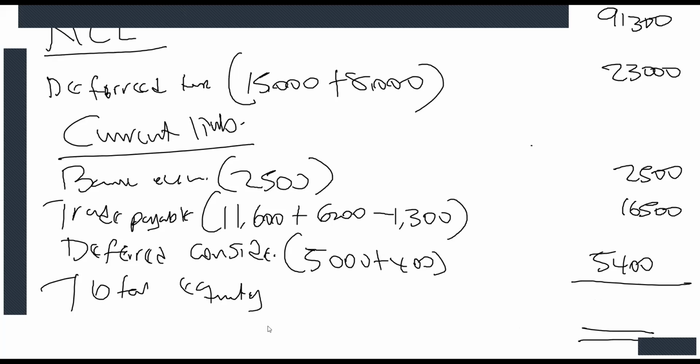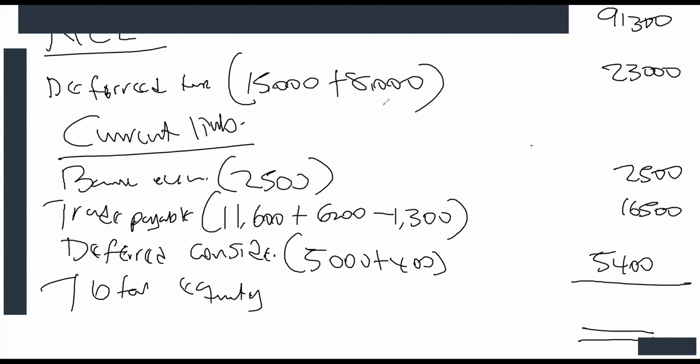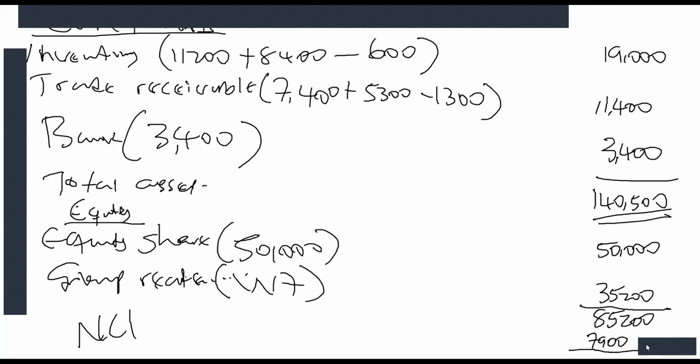We are adding. Let me go back here. There is something I don't understand. 85,200 plus 7,900. What do you get? Let me confirm that one first.